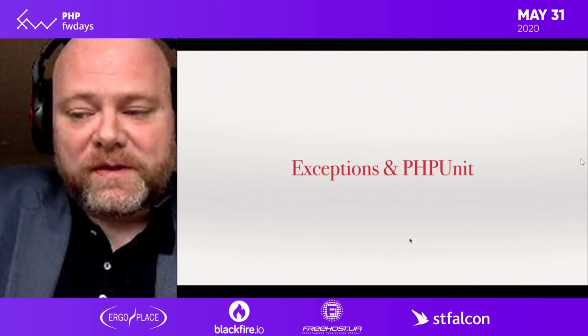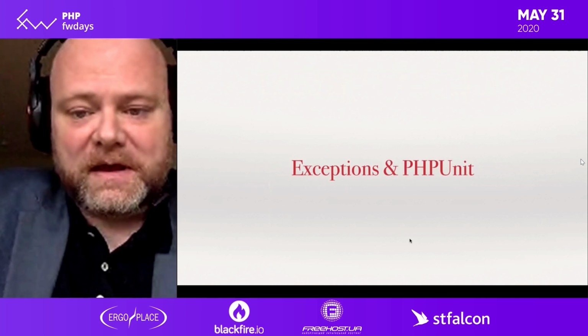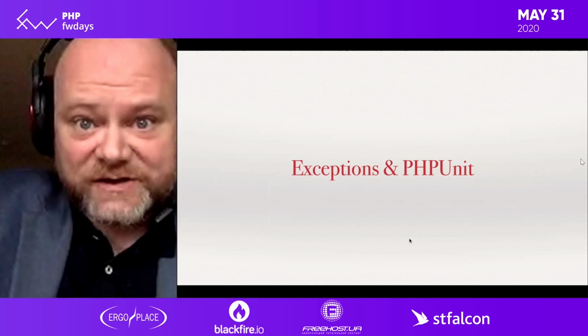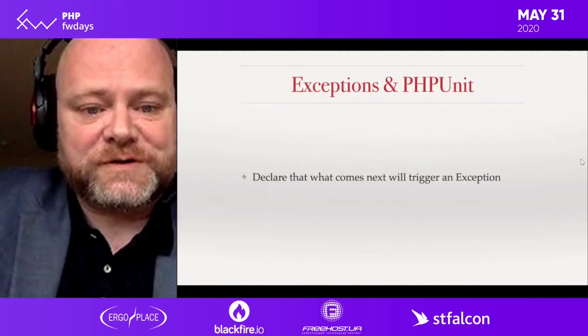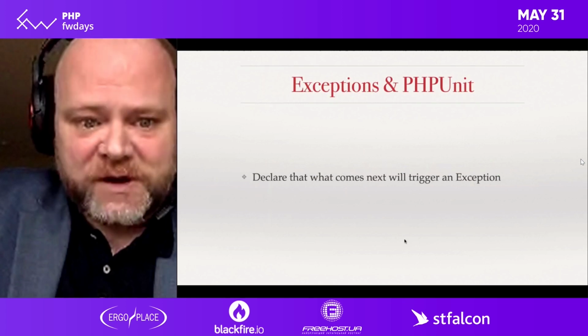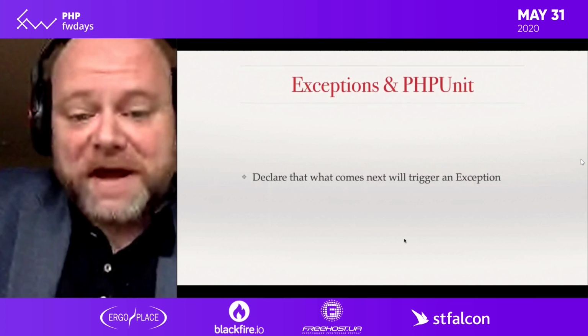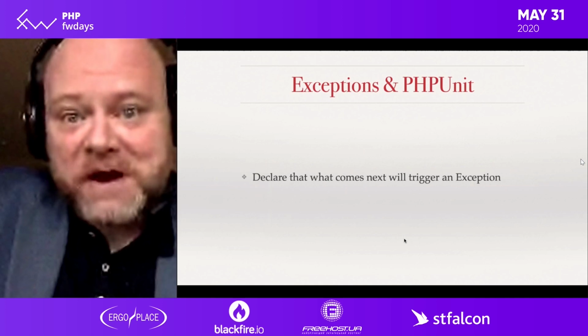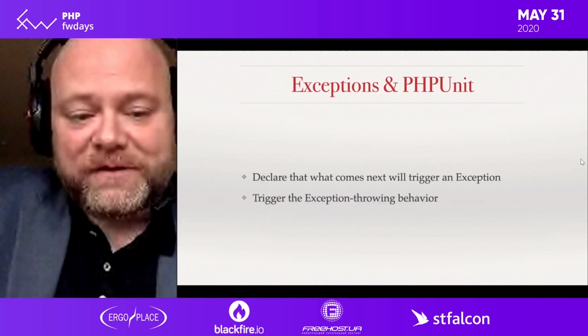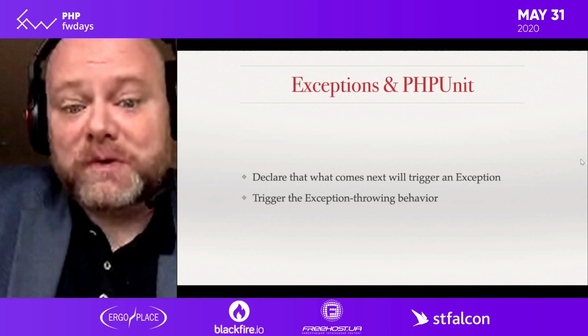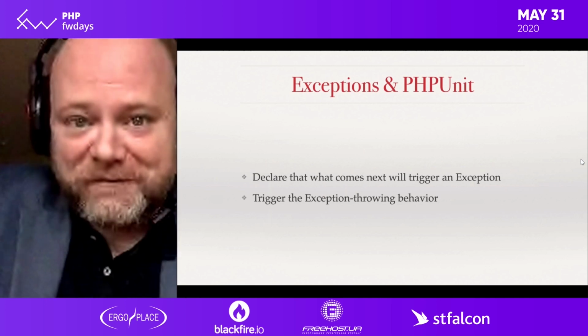If you work with PHPUnit or if you do test-driven development like I do, it's really simple to work with exceptions. The first thing you want to do in PHPUnit is declare the fact that what comes next will trigger an exception. And then once that happens, you want to actually trigger the exception throwing behavior.